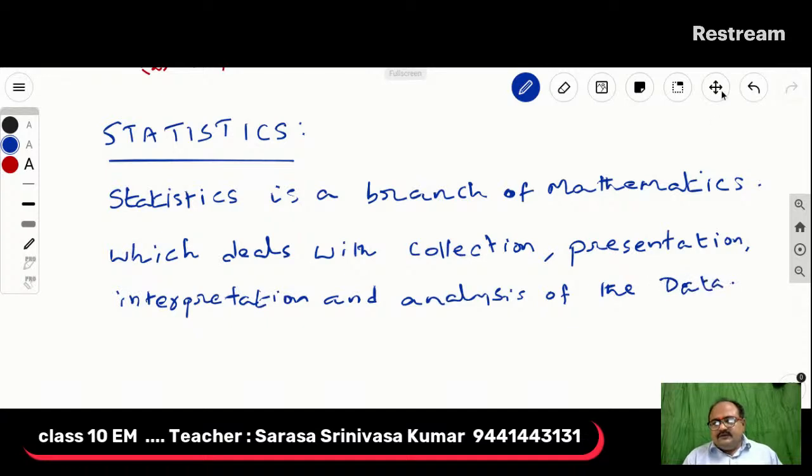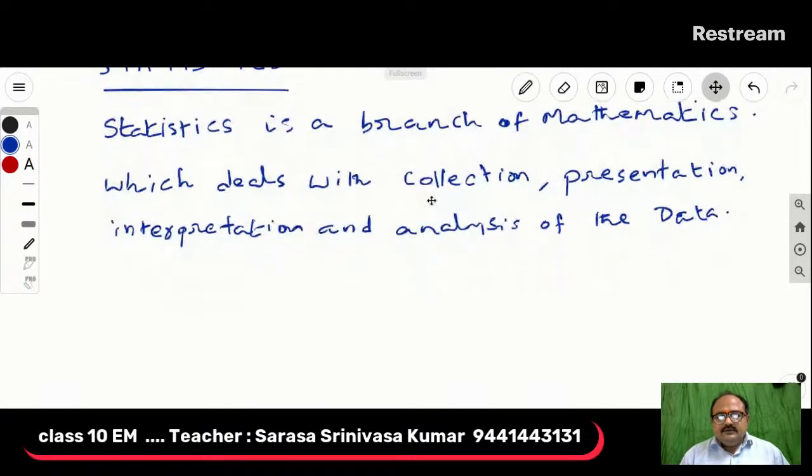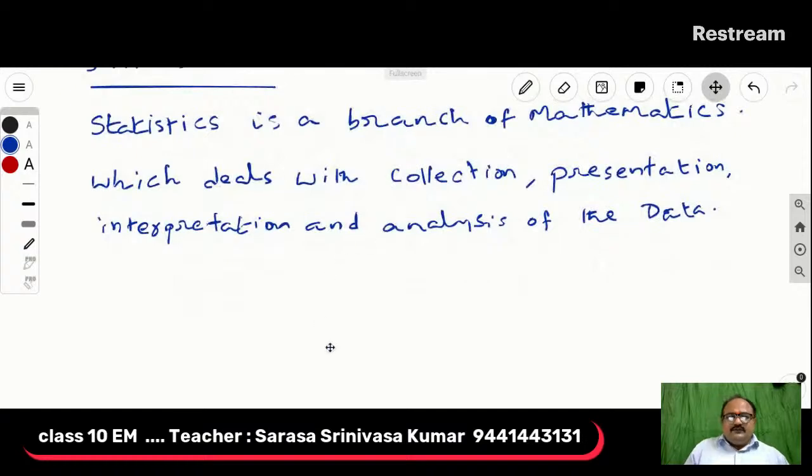That is a study which deals with collection, presentation, interpretation, and analysis of data.